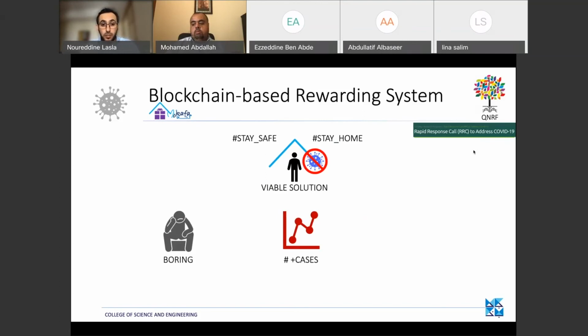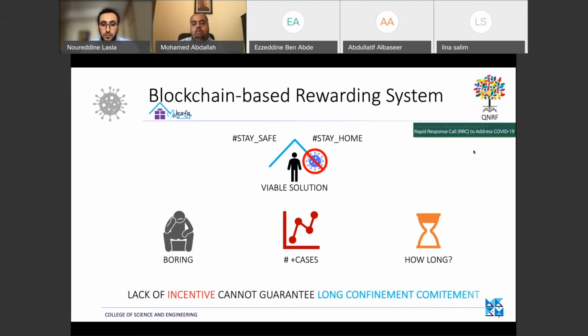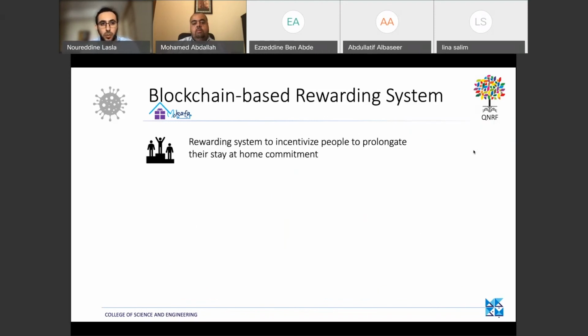Sometimes it is increasing, sometimes it is decreasing. And also there is no clear vision about when this pandemic will disappear and when the vaccine will be available. So this is why, with the lack of an additional incentive, it may be very difficult for people to stay committed to this confinement. And this is why we are proposing this project.